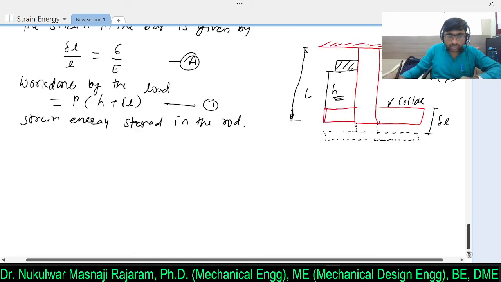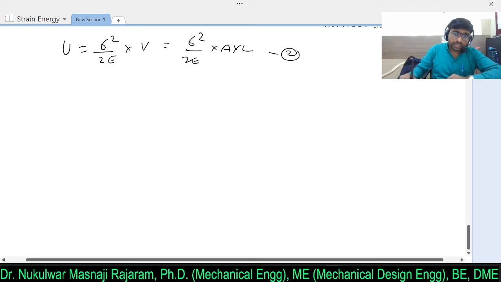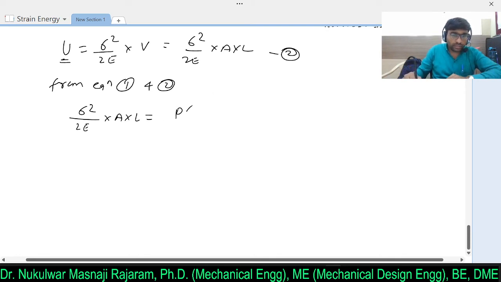So I can write U equal to sigma square divided by 2E into V, or we can rewrite, instead of V I will write A into L. Clear. So this is expression number 2. So I can say that this strain energy is equal to the work done. Clear. So from equations 1 and 2 I can rewrite sigma square by 2E into A into L, that is equal to the force P into (H plus delta L).